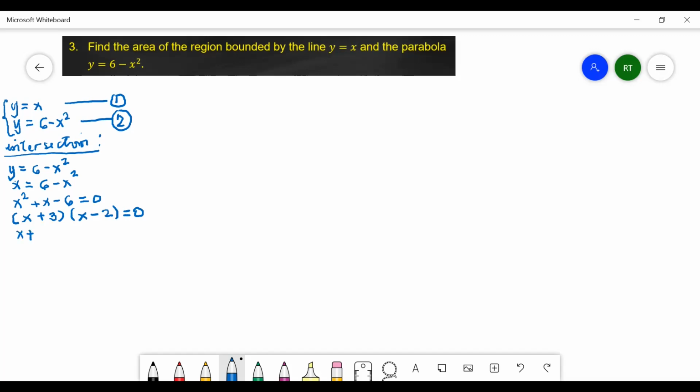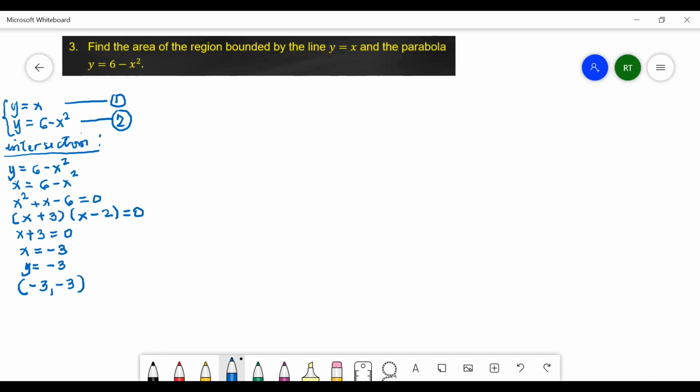When x plus 3 is equal to 0, then x is equal to negative 3. Since y is equal to x, whatever the value of x will be the corresponding value of y also. So if x is negative 3, then y is negative 3 also. Therefore, we have a point of intersection at negative 3, negative 3.